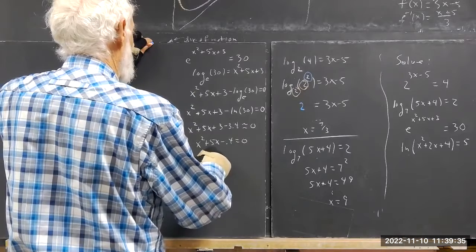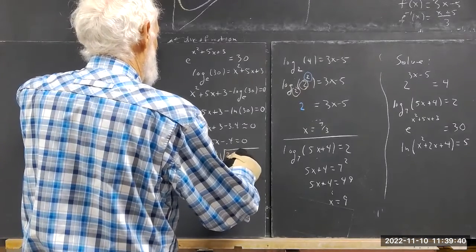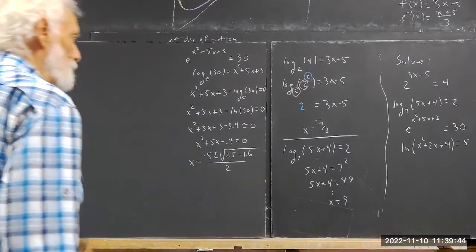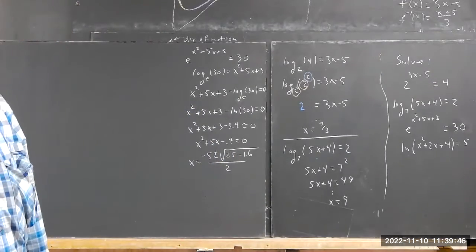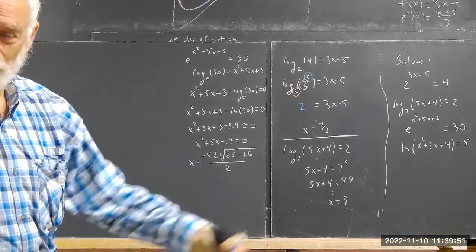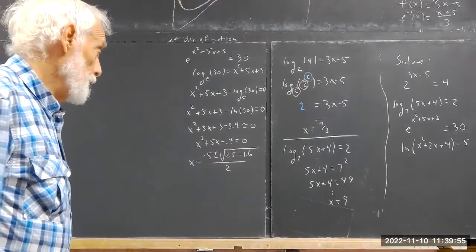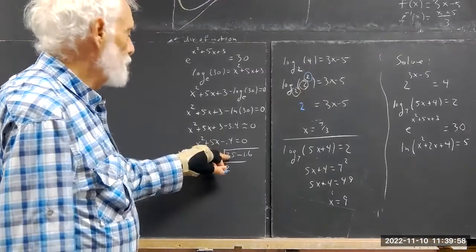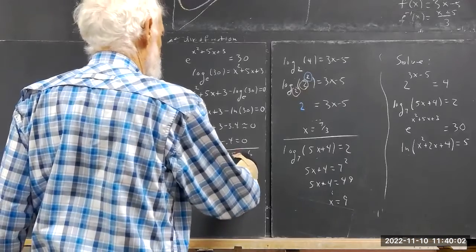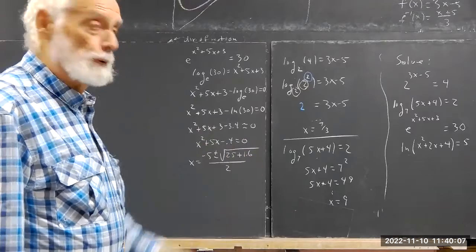So we get x equals -5 plus or minus the square root of 25 minus 1.6, over 2. And I'm not going to quote the quadratic formula. That's something we've been over. You just have to know the quadratic formula and recognize what I've done. Your b squared is 5 squared, that's 25. Your 4ac is actually minus 4ac, so minus 4ac is plus 1.6.